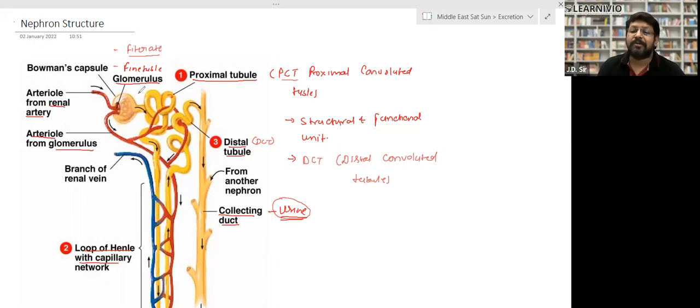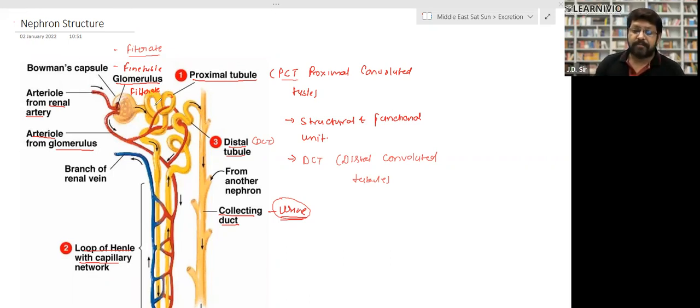This excretory material, we cannot call it urine here; we call it filtrate here. Why do we call it filtrate? Why can't we call it urine? Because this liquid has very important material which need not go out of the body. So we call it filtrate.